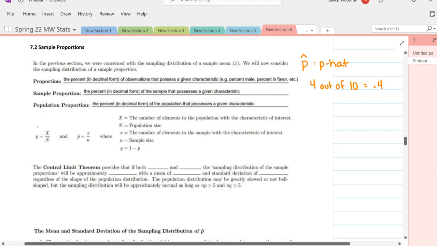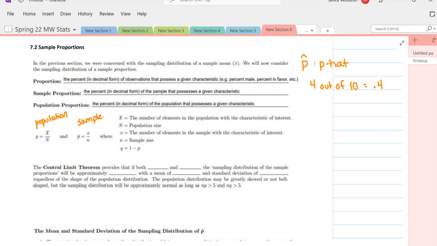Okay, so that gives you, this is for population. And then p hat, it's x over n again, okay, for a sample. It's just little x and little n. So little x is the number of elements in the sample with that characteristic, and then n is the sample size. And then q is going to be the number that do not possess that characteristic. So 1 minus p.